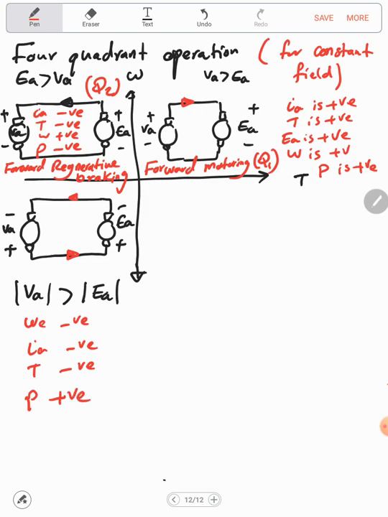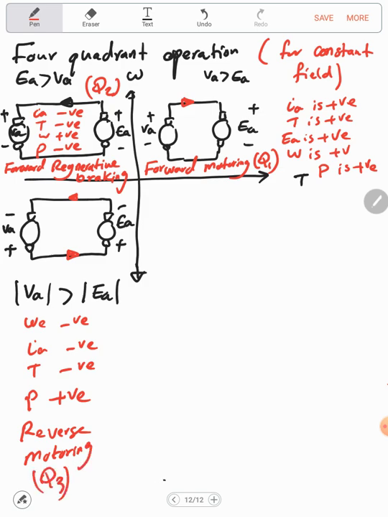Now if the power is positive, this means that this machine is acting as a motor, and this will be the reverse motoring. And this is the Q number 3.